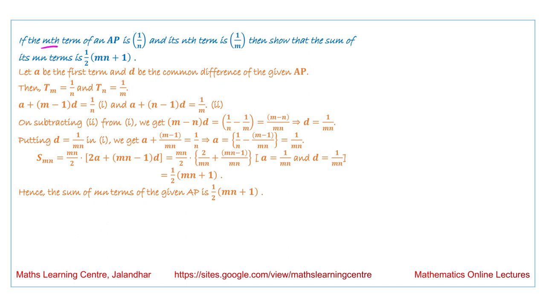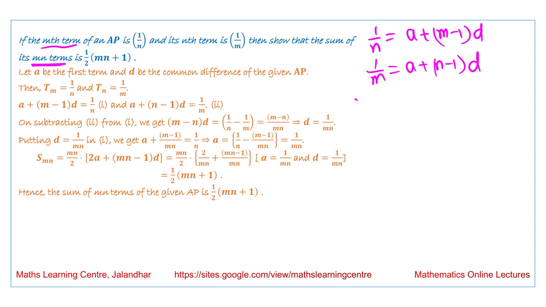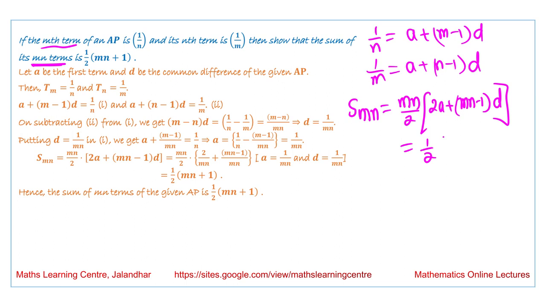Next is, if the mth term is 1 by n, it means 1 by n is equal to a plus m minus 1 d, and 1 by m is equal to a plus n minus 1 d. We have to show that the sum of mn terms, Smn, that is equal to mn by 2 into 2a plus mn minus 1 d, is equal to 1 by 2 into mn plus 1.